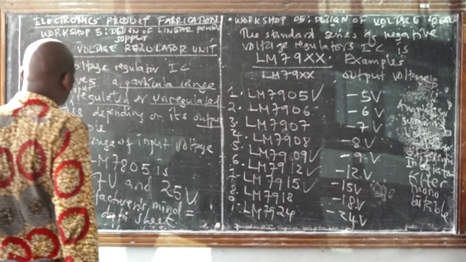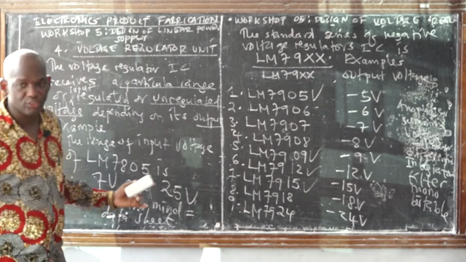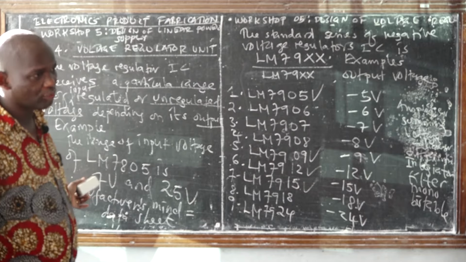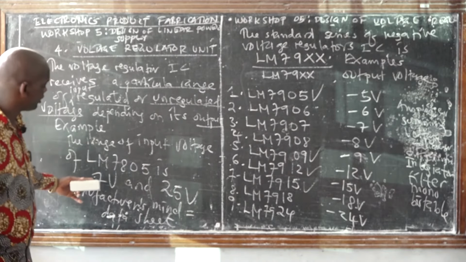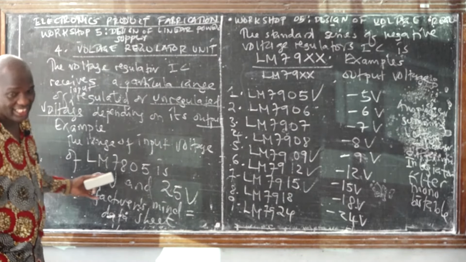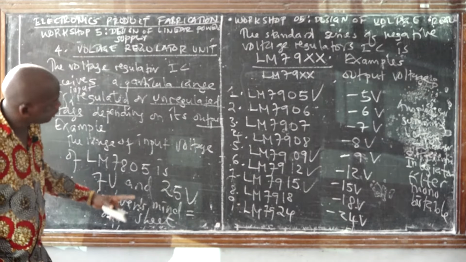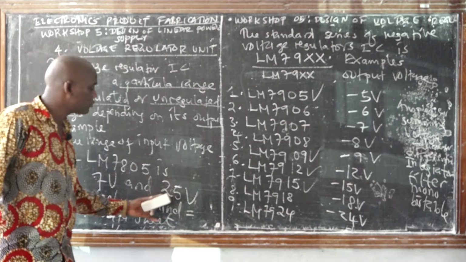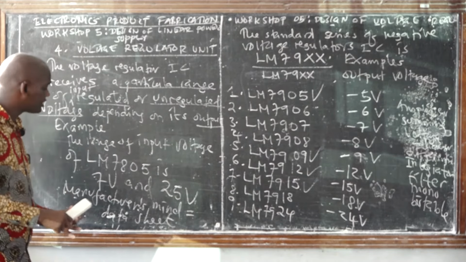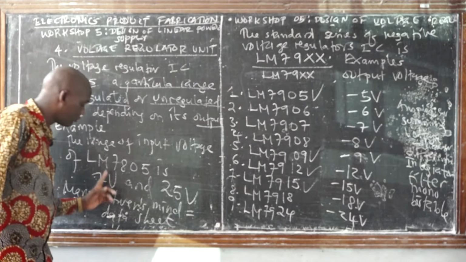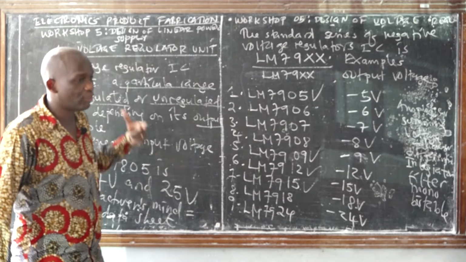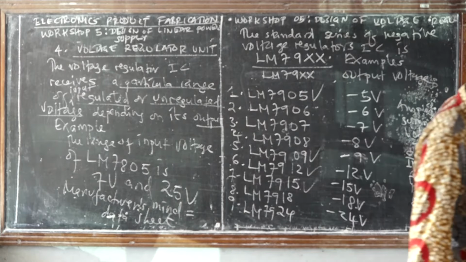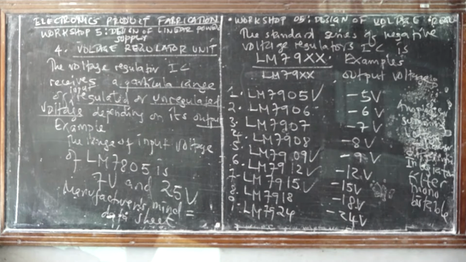So the LM7805 performs its function when the input voltage is either 7 volts or greater than 7 volts, but not greater than 25 volts. If it receives an input voltage between 7 volts and 25 volts, the voltage regulator will perform its function of regulating or stepping down the voltage and give you the 5 volts.